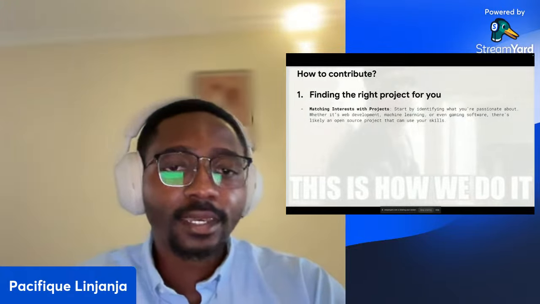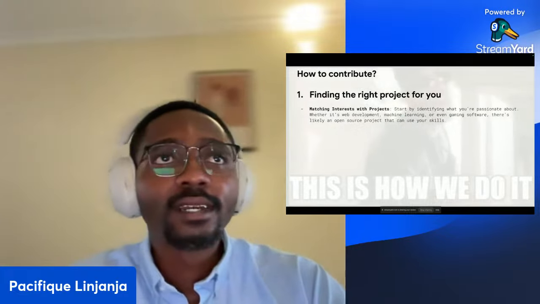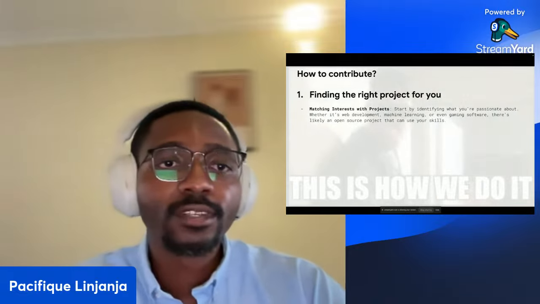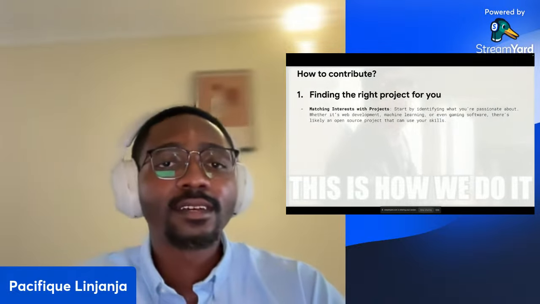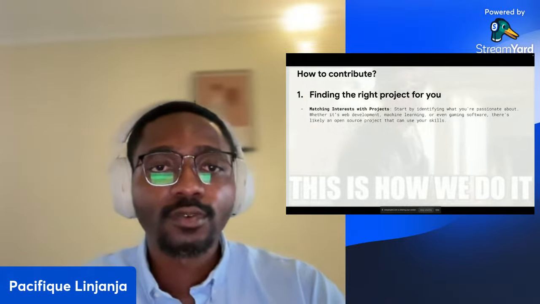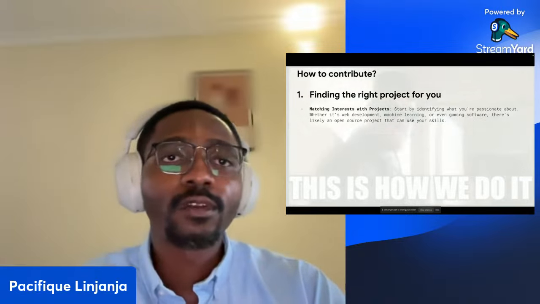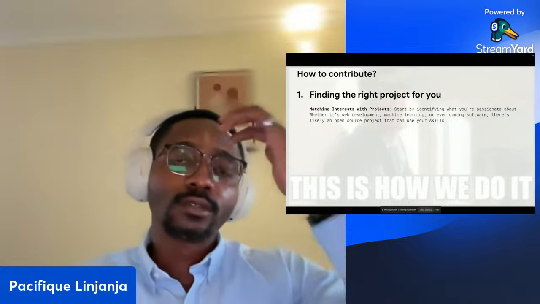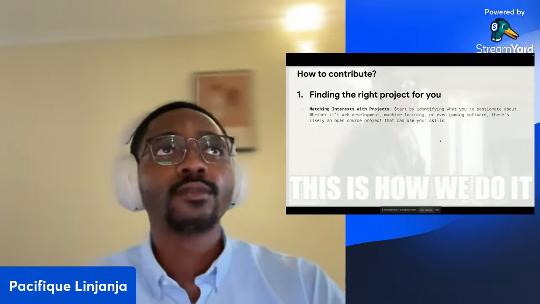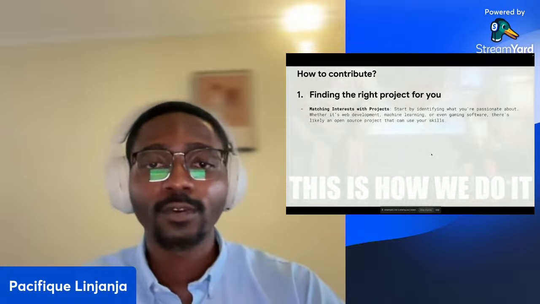Whenever I want to contribute, I will be motivated to work on this project. And this project has to be something that matches your passion, or something you can do for free for hours without feeling tired. So it's very important to find projects that match your interests.